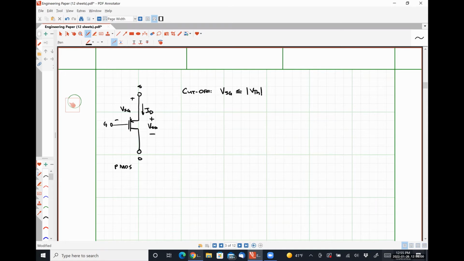Okay. For triode region operation, we need VSG to be greater than or equal to VTH. So effectively, we have to turn the device on, establish a channel, and then also we want our source drain voltage, VSD, to be less than VSG minus the absolute value of VTH.